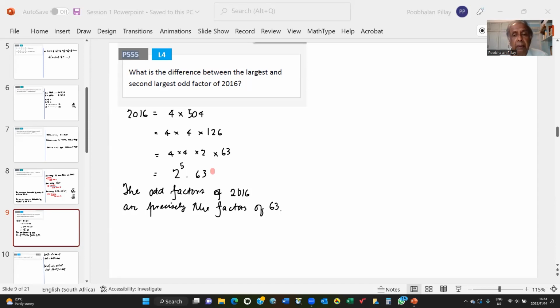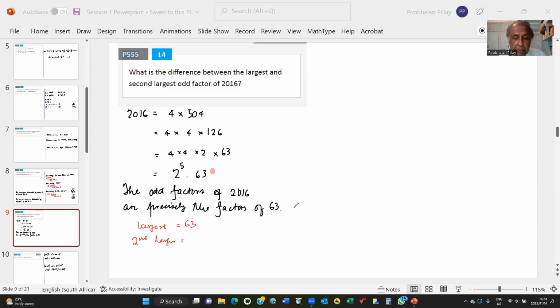And you are looking now for the largest and the second largest odd factor. Right? The largest is 63, obviously. The largest factor of 63 is 63. And the second largest factor is, this is 9 times 7. So you have to divide this by 3 to get this.